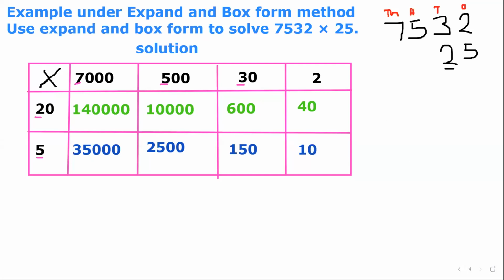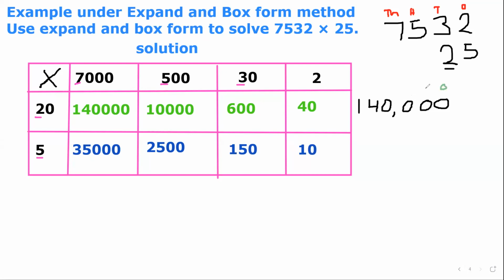So let me write the numbers here. You have the first, 140,000. Good. Then you indicate the position first.